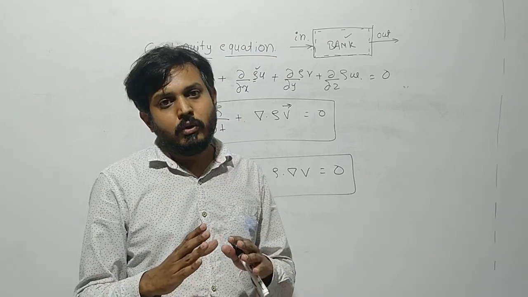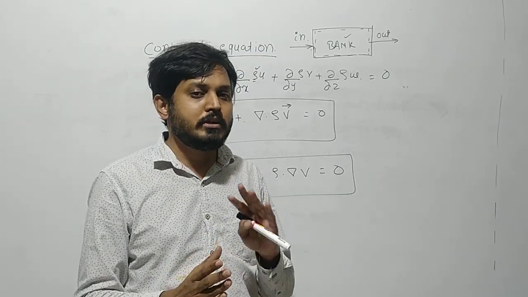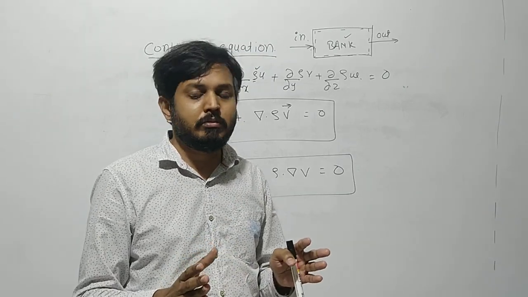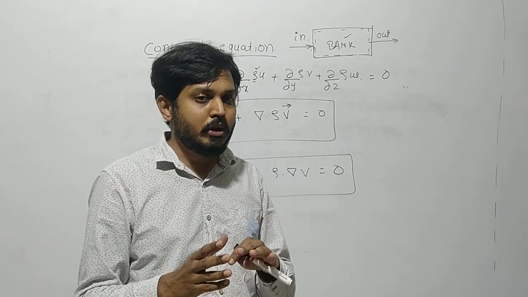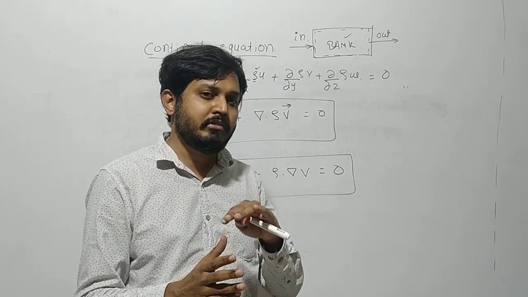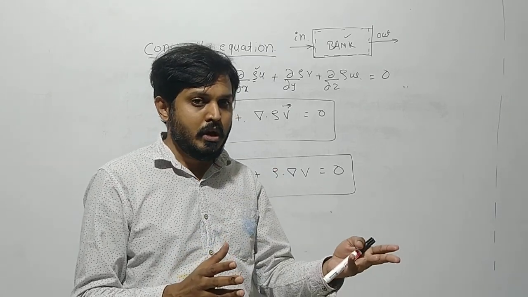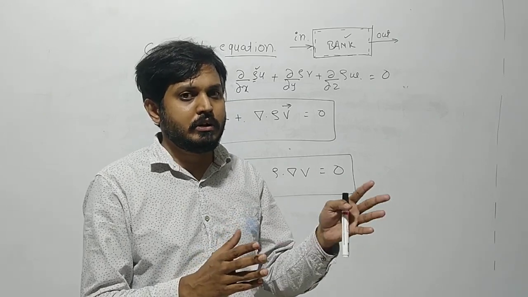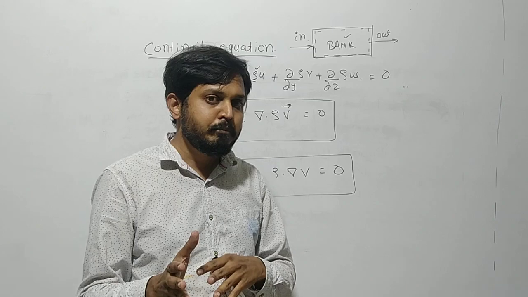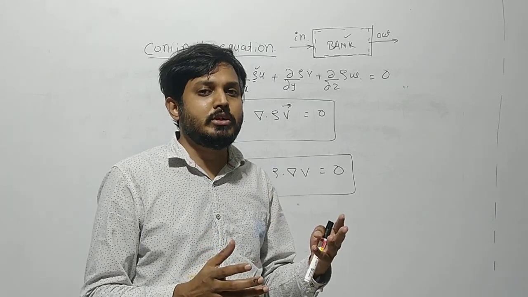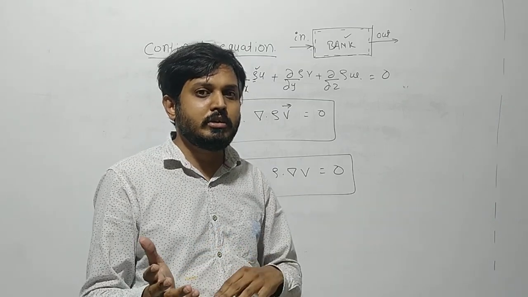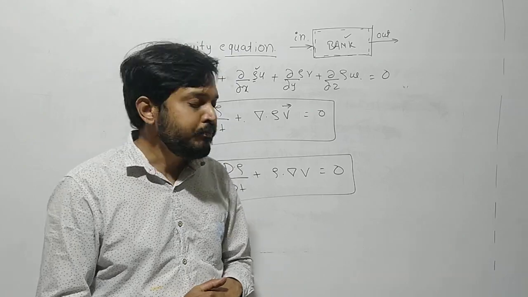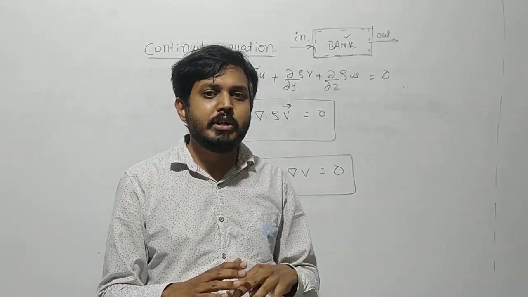Although mathematically both the conservative and non-conservative forms have the same meaning, because we can convert one into the other, there is a different physical significance for each. During the Navier-Stokes equation we will understand conservative and non-conservative forms in detail. So this is all about our continuity equation.